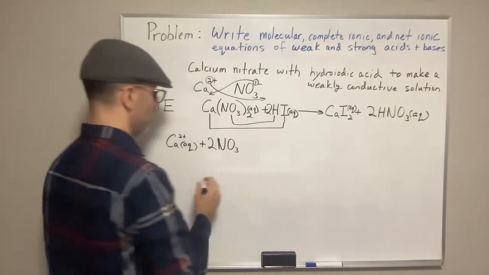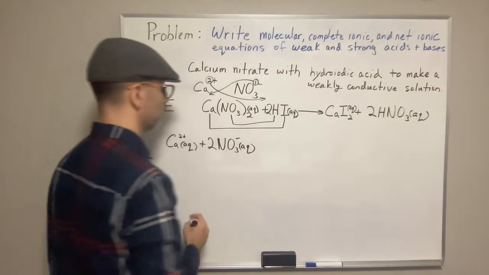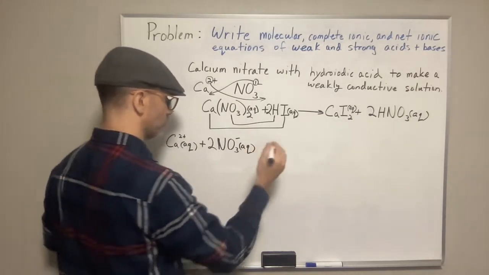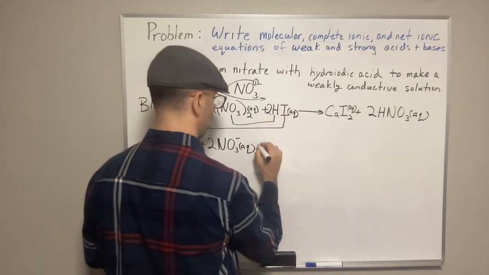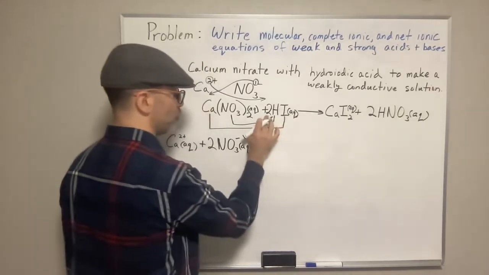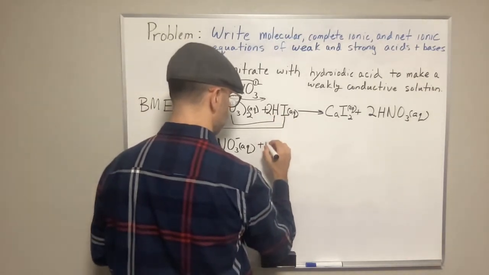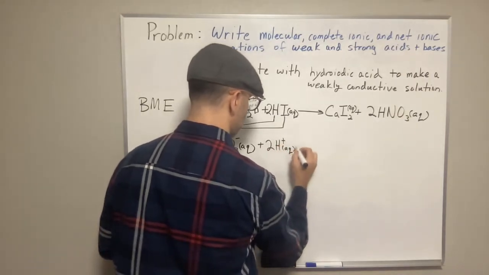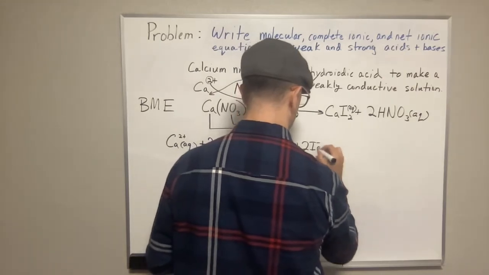Okay, so here I have 2NO3, and that's going to be a minus charge, and that's aqueous. And so here I have, again, this is going to be a strong acid, so that's going to be separated completely. So I have 2H plus and 2 I minus, so that's going to be 2H plus aqueous plus 2I minus aqueous.